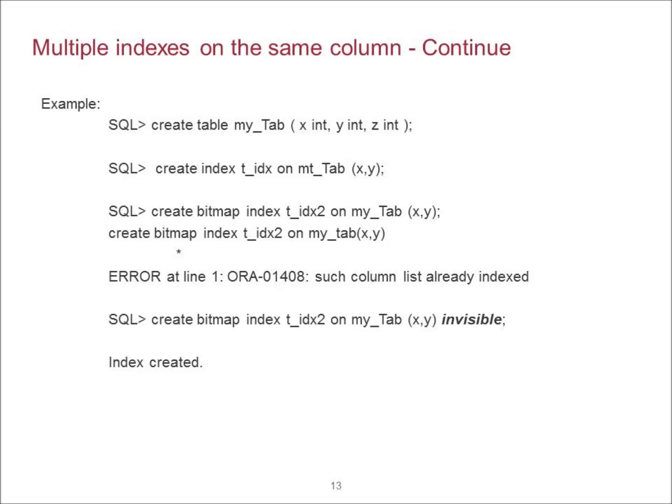It tells you that such a column is already indexed. The reason you got an error is that you did not use the keyword invisible. When you create a second index on the same set of columns, you have to specify invisible. So now if you say create bitmap index, index name, on my table XY invisible, the index will be created.